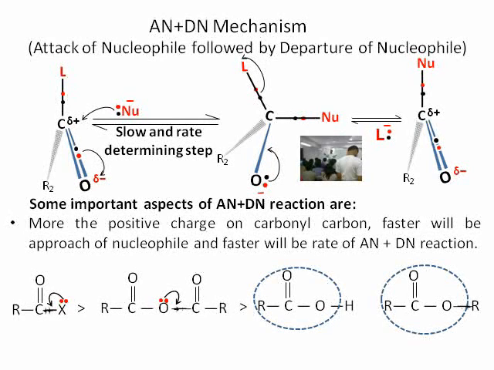So therefore this is less delta positive charge, and delta positive charge on the carbon of carboxylic acid is more. So therefore carboxylic acid is more reactive than ester. So nucleophile will more easily react with the carbon of carboxylic acid than with the carbon of ester. So this is the order of reactivity.